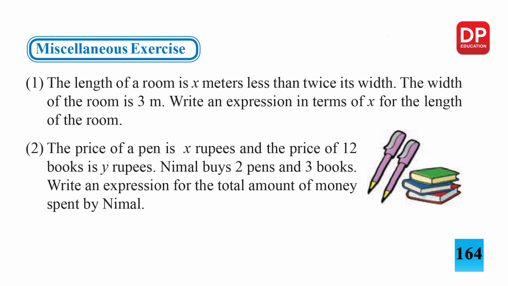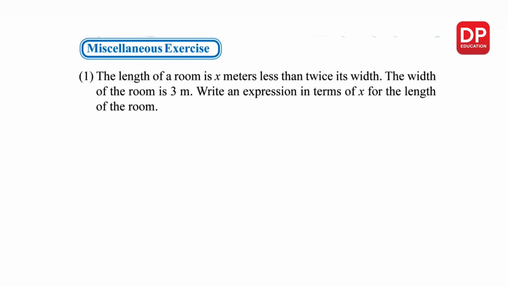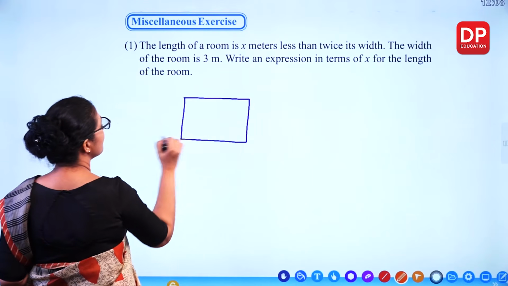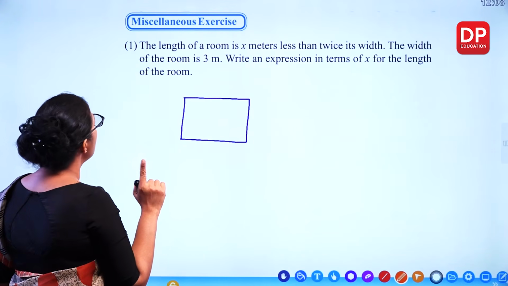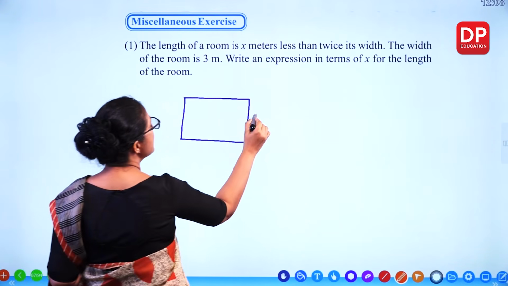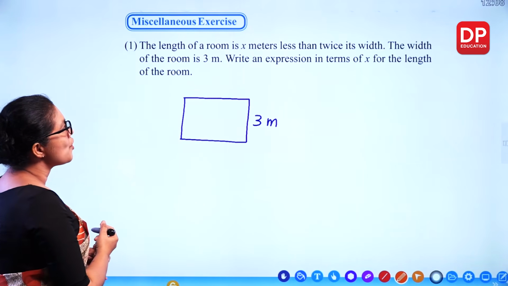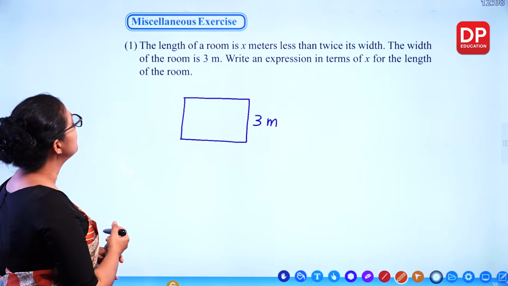Now we'll look at the miscellaneous exercise. The length of a room is x meters less than twice its width. You can write the width of the room is 3 meters. Write an expression in terms of x for the length of the room.